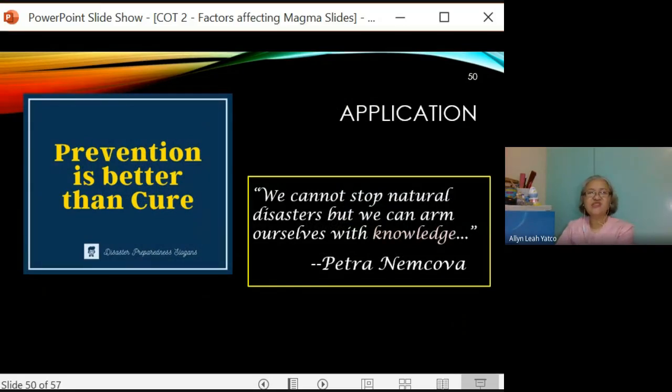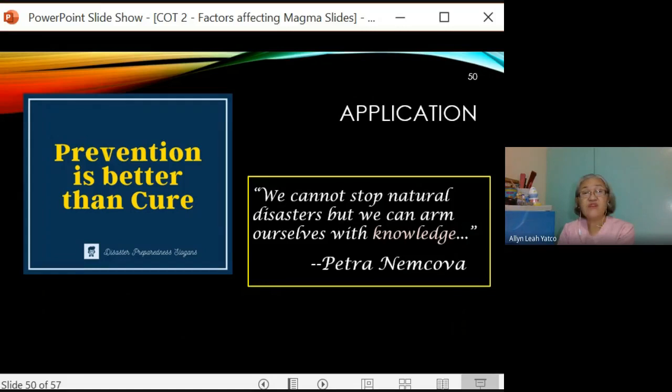Last year, we experienced a volcanic eruption through the courtesy of Taal volcano. At that time, most of us were caught by surprise when Taal erupted, when the magma moved within the volcano so fast until such time that it erupted.